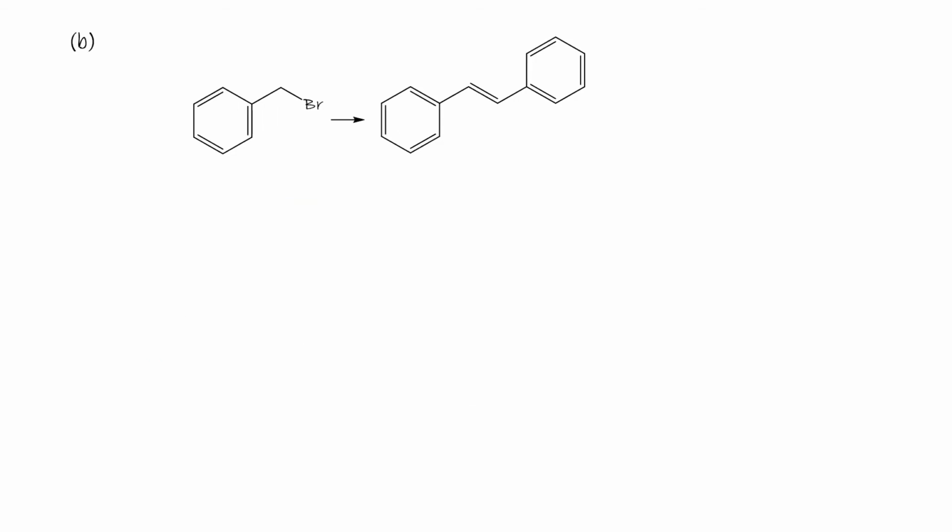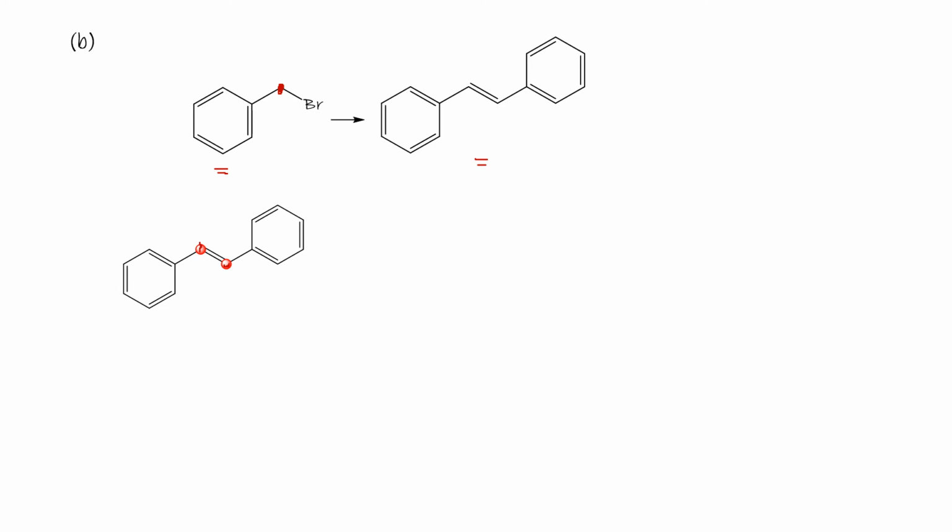Now how can we get from benzyl bromide to 1,2-diphenylethene? Well, if we consider this is this carbon, and we have another one of the same carbon, how can we get them connected to one another?